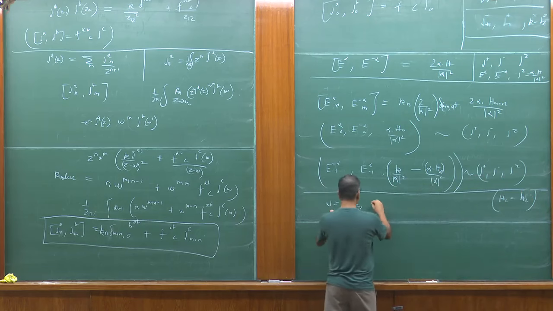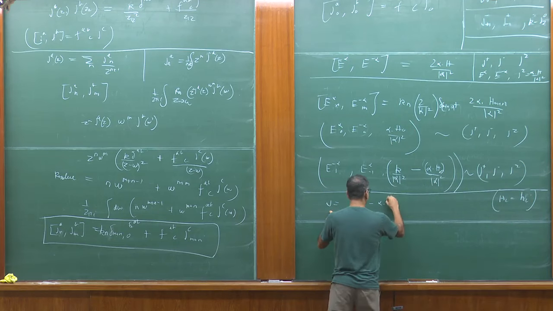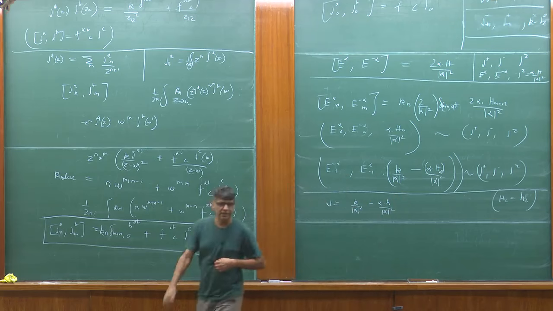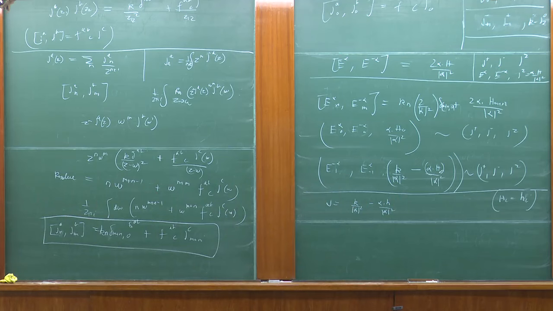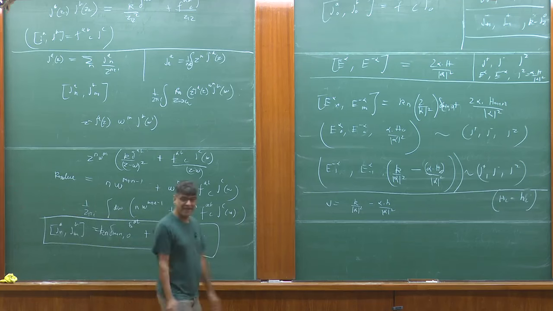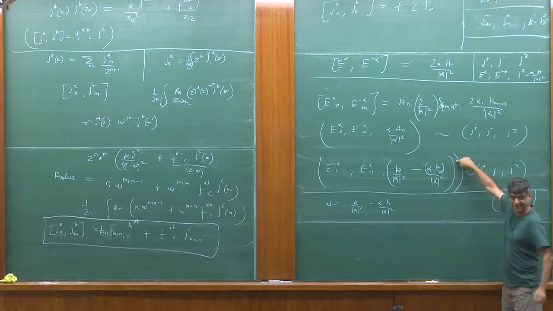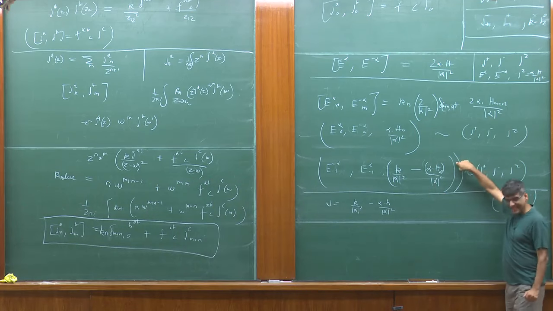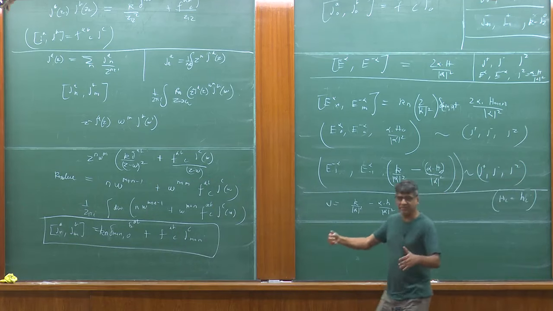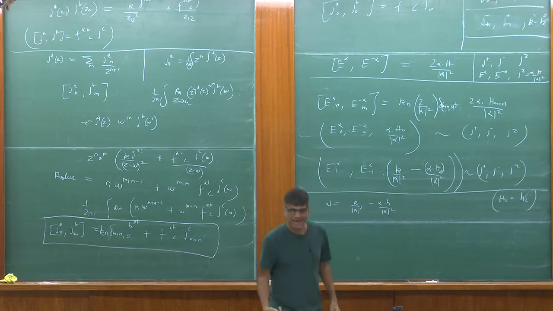This j is equal to minus alpha dot h divided by mod alpha squared, where h is the highest weight vector of our SUN representation. Is this clear? It's the highest weight of the second SU2 algebra, when acting on the SUN highest weight.